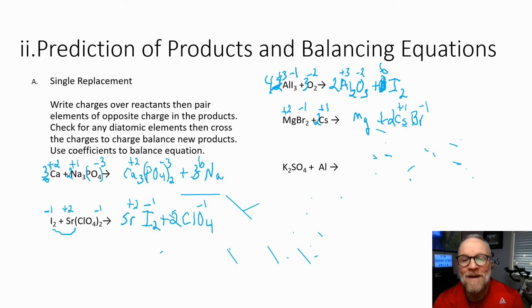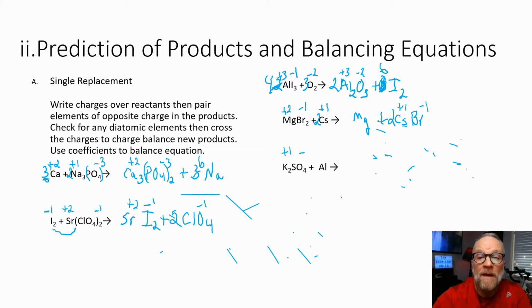All right, so now we have potassium sulfate and aluminum. So potassium is +1, sulfate's -2. It's one of those polyatomic ions that you have to have memorized. Aluminum is +3, and so now potassium is going to be by itself, and aluminum and sulfate are going to dance because they are opposite charged.